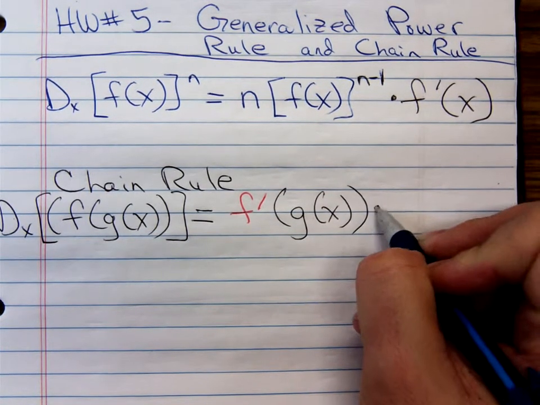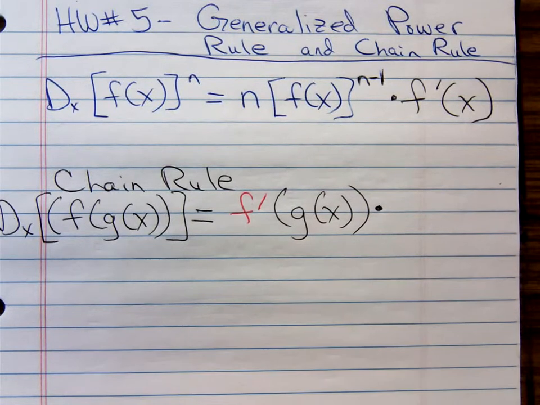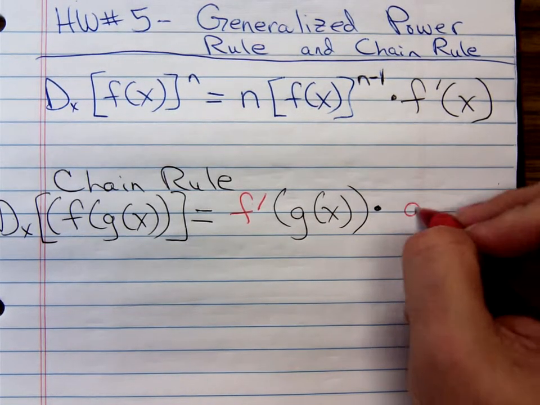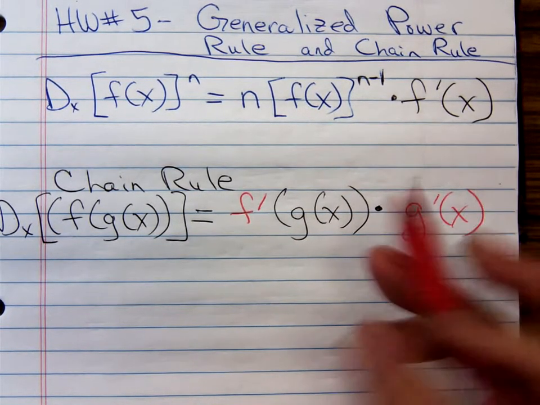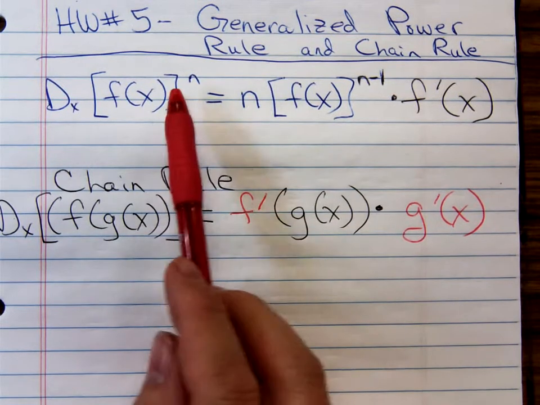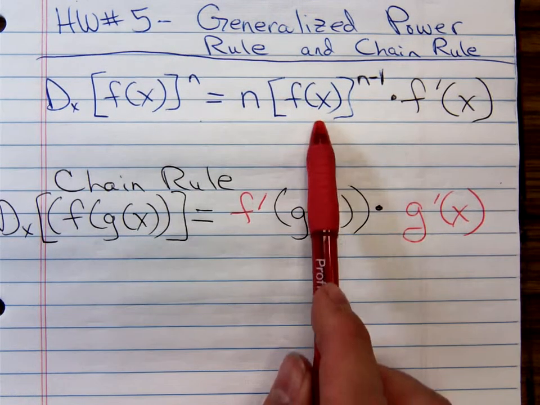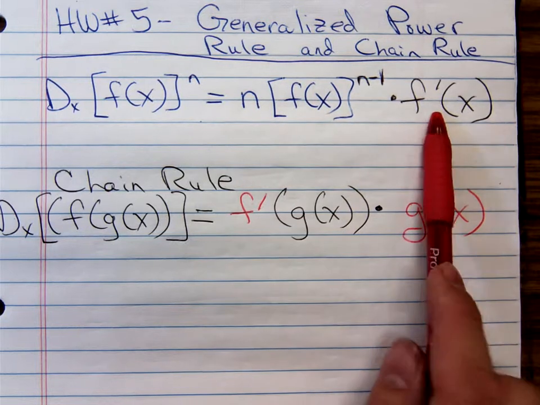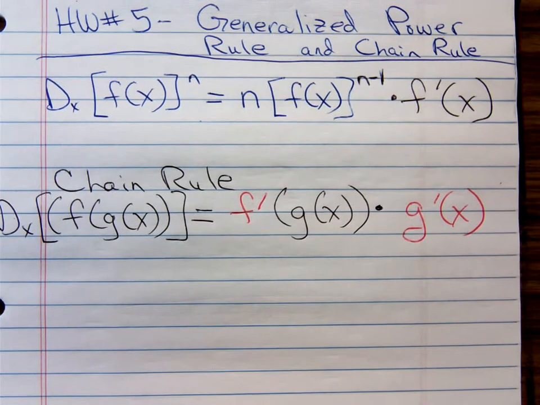You then have to multiply by the derivative of the inside function. Now that's what the generalized power rule is doing. You're differentiating the outer function, that power function, leaving the inside function alone, and then you multiply by the derivative of the inside function. I have a couple of examples I want to do.